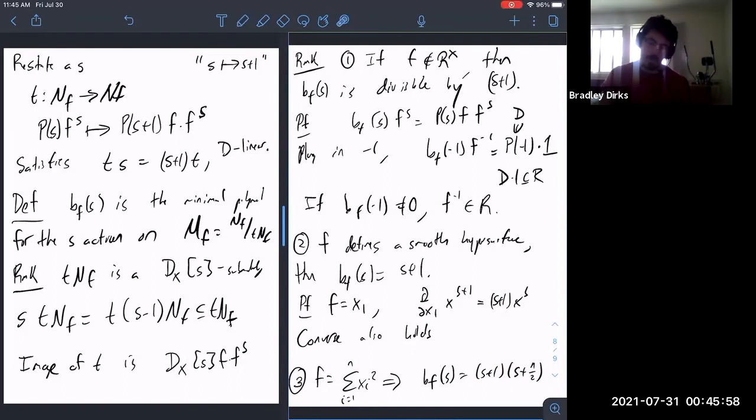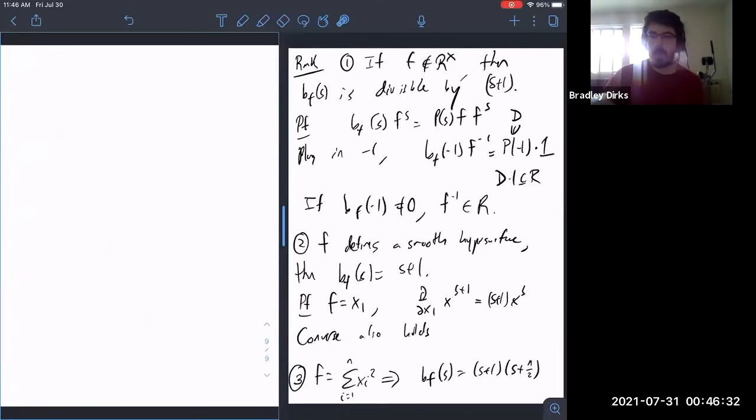And so we know that this sum of squares thing is singular at the origin. So all of its partial derivatives vanish when all of the x's are 0. So there should be some extra term that isn't s plus 1. And if you use the sum of squares differential operator, then you will see that this polynomial does satisfy the relation that we need for a Bernstein-Sato polynomial. So because it can't equal s plus 1 and it divides this, it has to equal this polynomial.